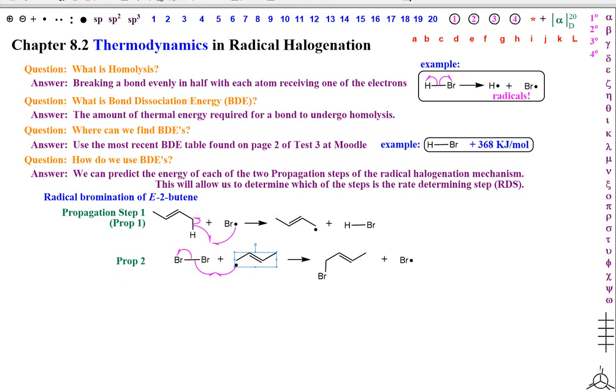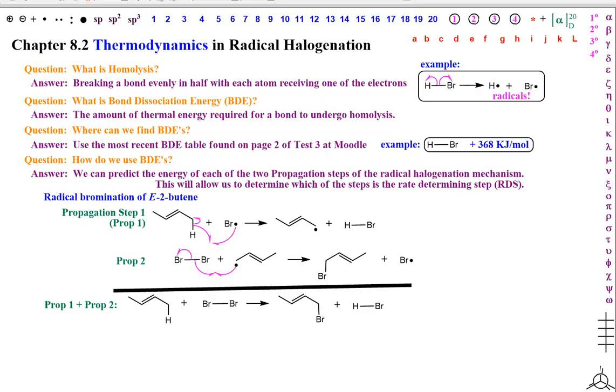And the combined result of Prop 1 and Prop 2 is the overall result of this reaction. When 2-butene reacts with bromine, it creates 1-bromo-2-butene and HBr.